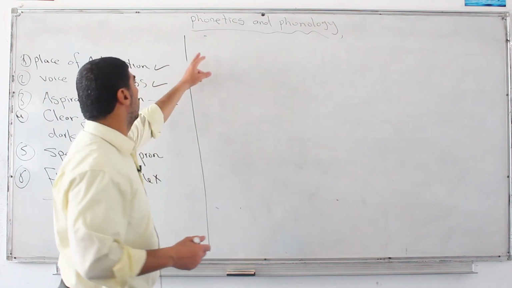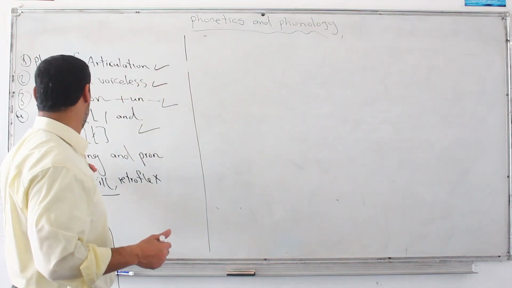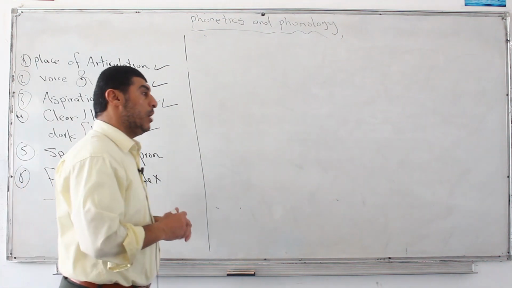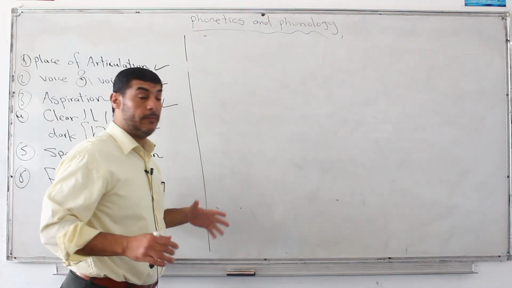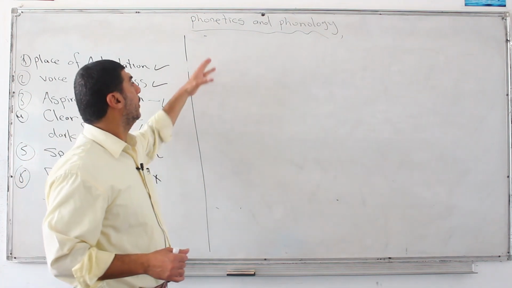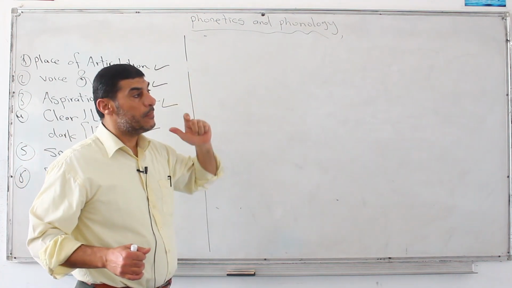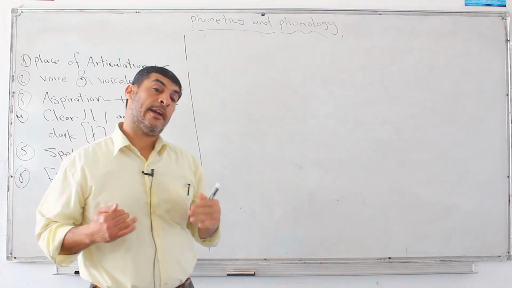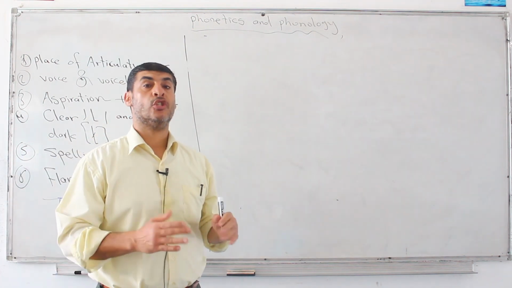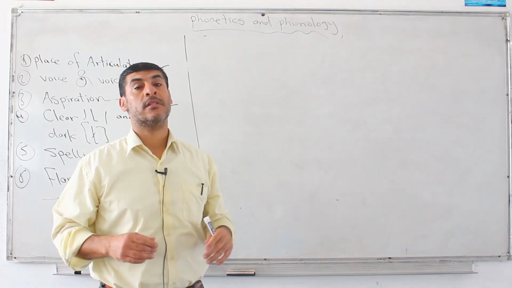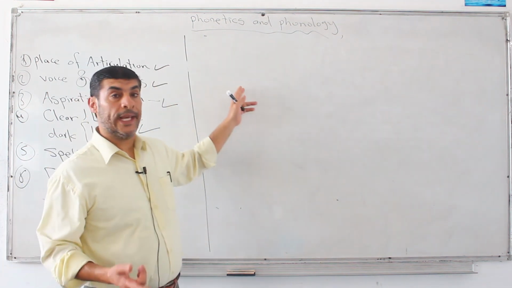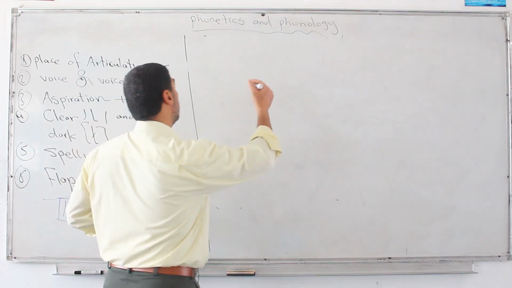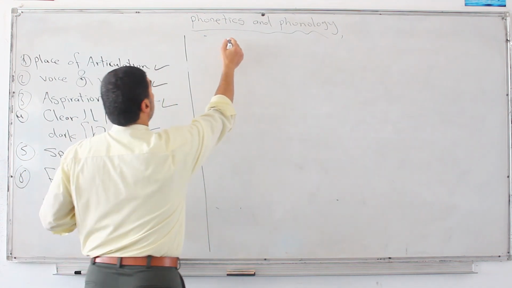Okay, and now we move to the other important aspect, spelling and pronunciation. Okay, some major issues should be discussed regarding or related to spelling and pronunciation. You know that English is not a regular language because there is no one-to-one correspondence between what is pronounced and what is written, okay? Here are some examples to illustrate this.